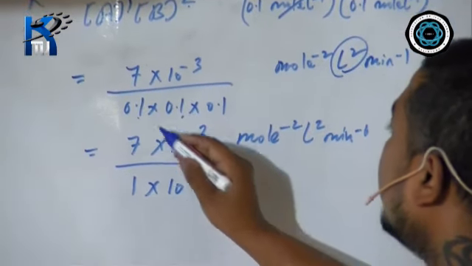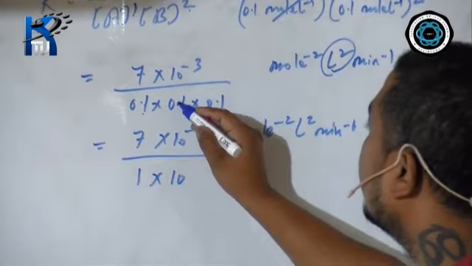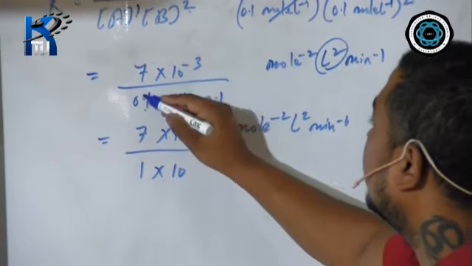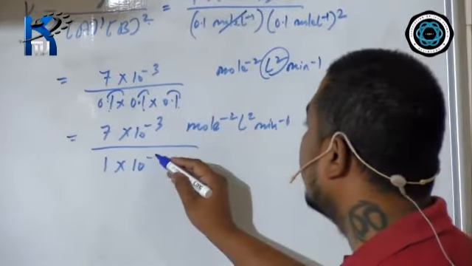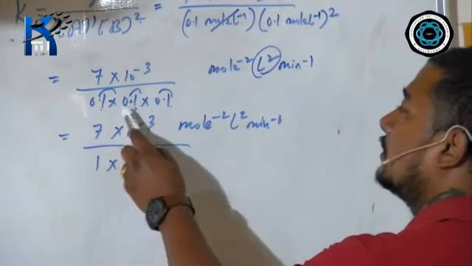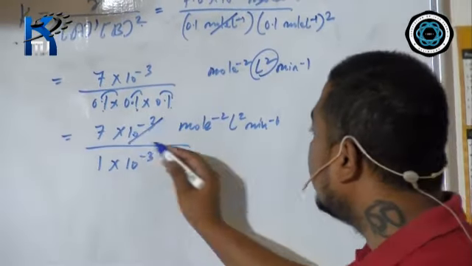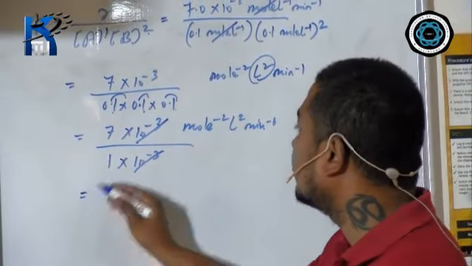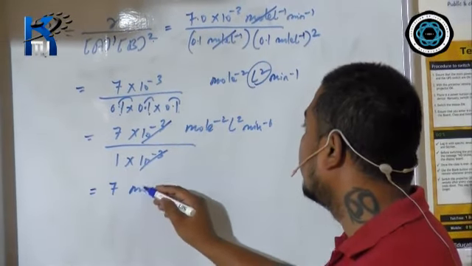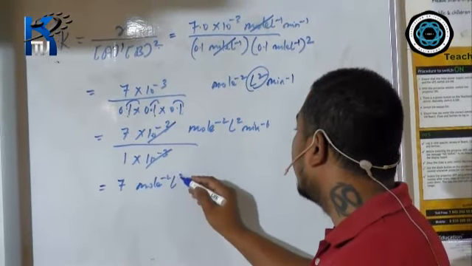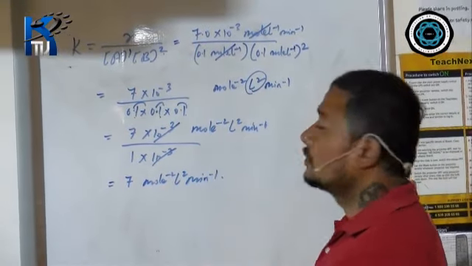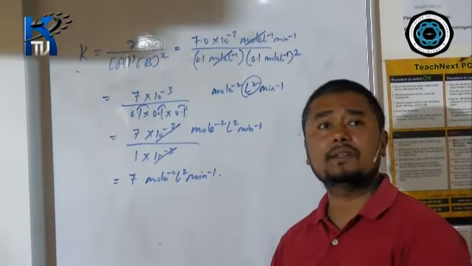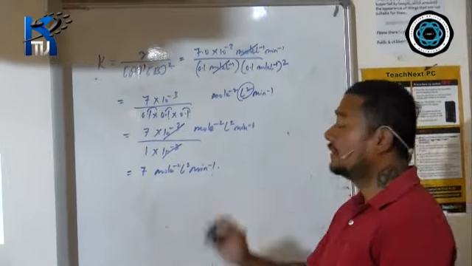Now after point, how many digits? 1, 2, 3 digits are there after point, isn't it? So you have to take the decimal back. As a result, you'll write here minus 3. Why minus 3? Because you have taken 3 decimals back. So this and this will get cancelled again, whereby 7 upon 1 becomes 7, and the unit will be mole inverse square, liter square, minute inverse. So far, students, I have done this sum same as what we did earlier.